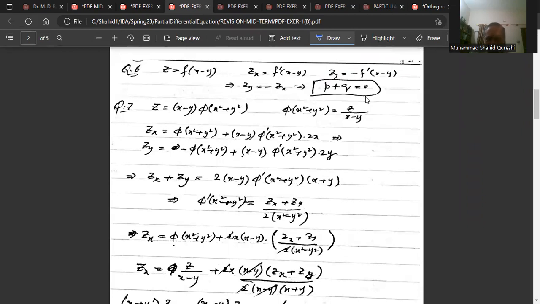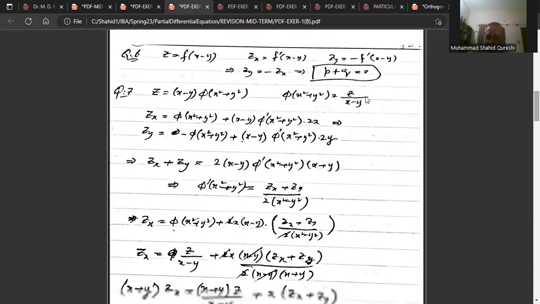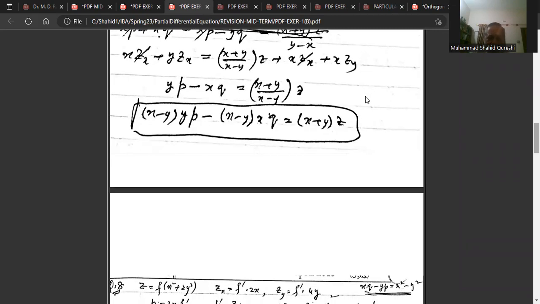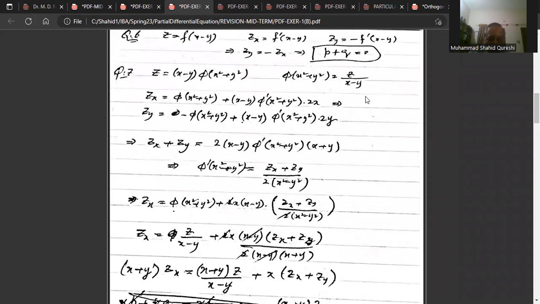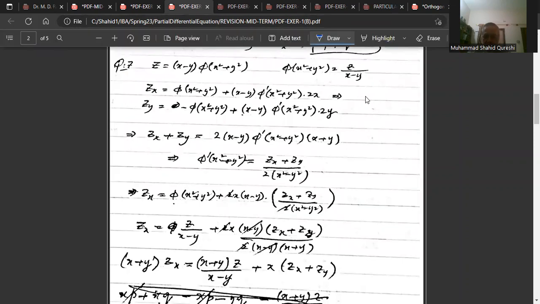So I hope, after this brief discussion, you have some better idea how to make a differential equation, removing arbitrary constants or removing arbitrary functions. So every time you have to consider partial derivative with respect to x, keep track of the arbitrary function, partial with respect to y, keep track of the arbitrary function.